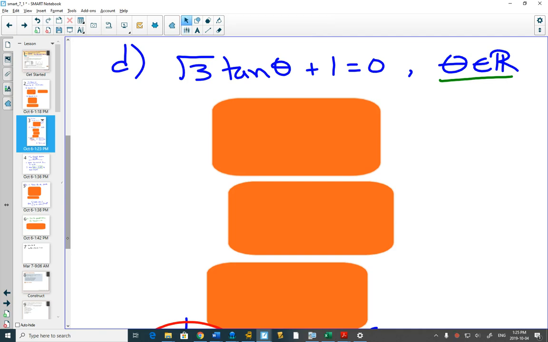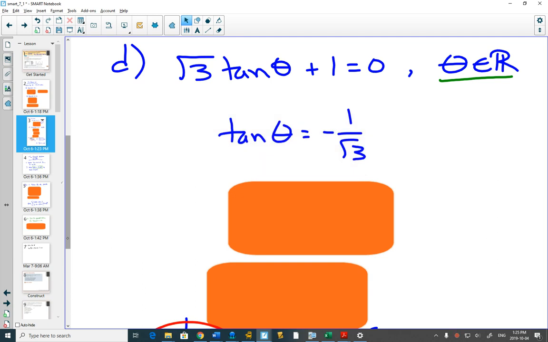Well, what we're going to find is we're going to start by solving it exactly the same way. So we'll get tan by itself. This is a tricky one in that, do you recognize that value? Would you recognize it better if it was written like this?